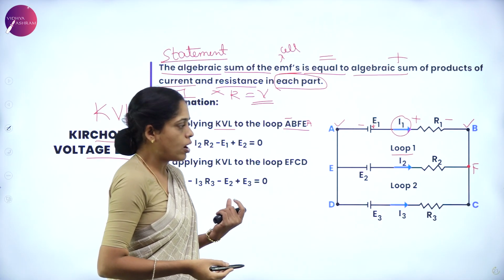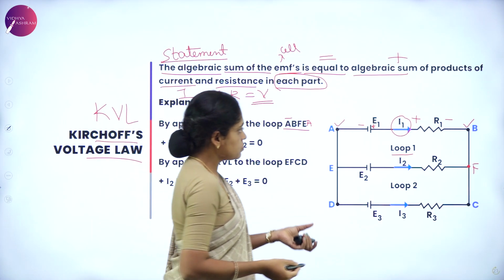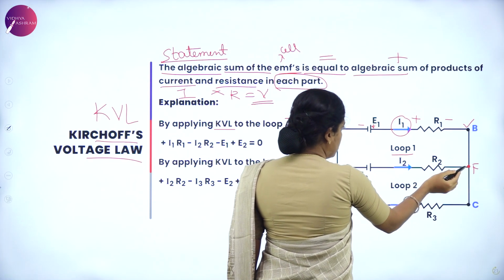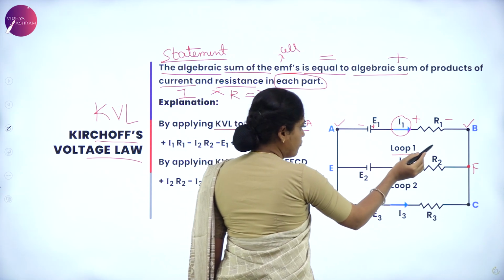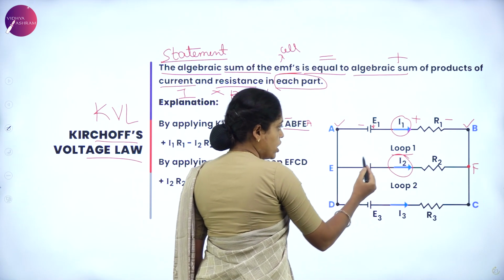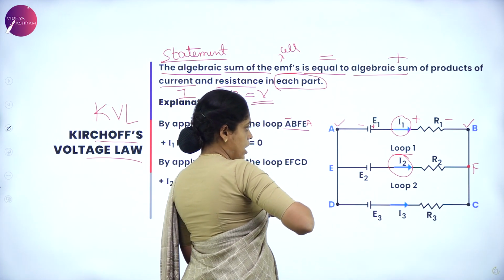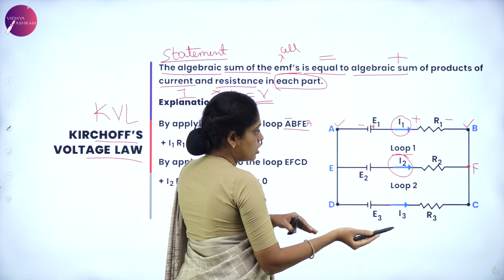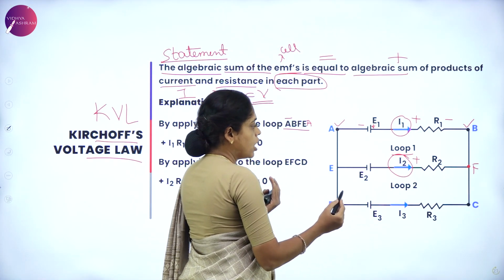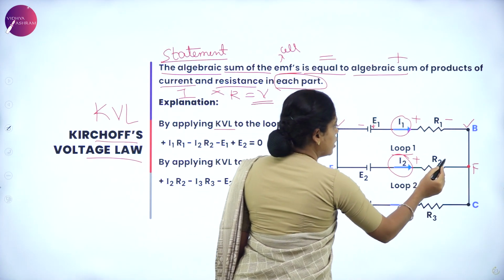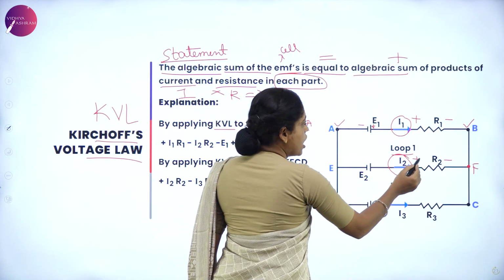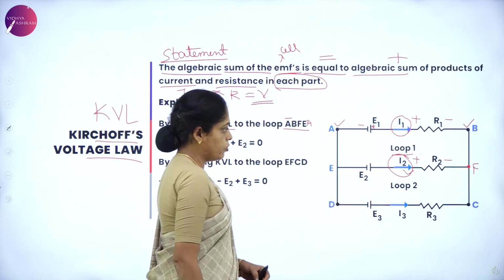Next, reach B, from there F. From F to E, you have a resistor R2 in which the current I2 is entering from E and leaving F. So, the side of E is positive terminal and F is negative terminal because the current flows from higher potential to lower potential.